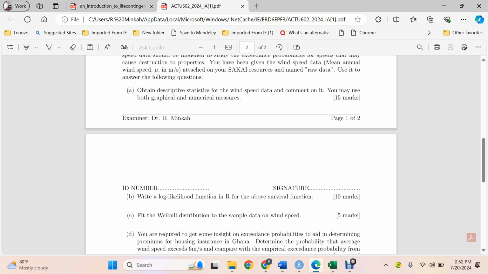Okay. Then the next one, you were to write a likelihood function in R for the above survival function. Okay. What did you do? Remember, we talked about 2 ways of doing this, right? What is the first one?